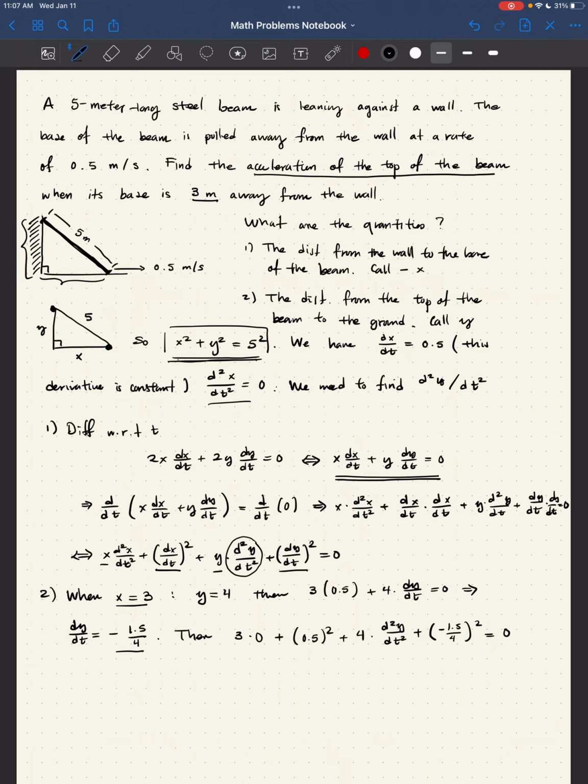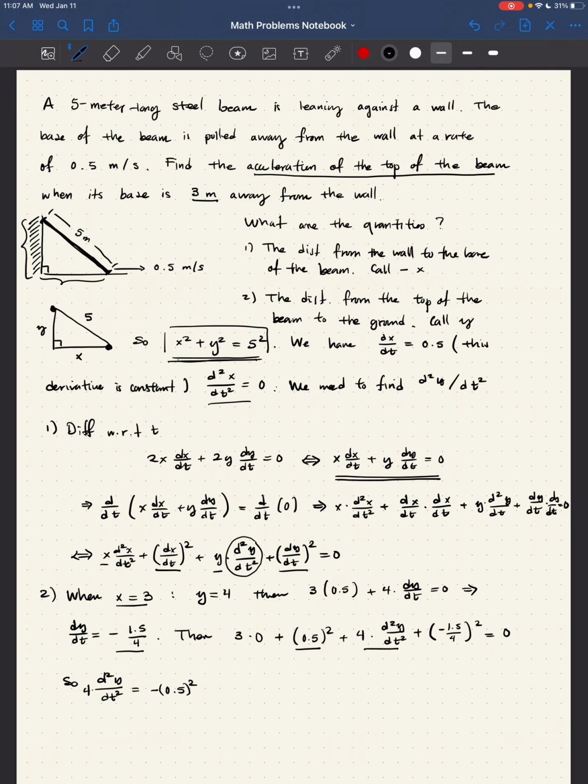Based on this observation, I think we're done. So we have that 4 times this is equal to negative 0, from this part. And this one, being a square, loses its sign. But then we just subtract it from the equation to isolate this portion.